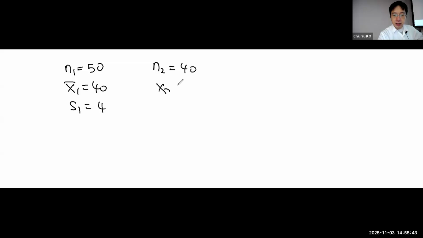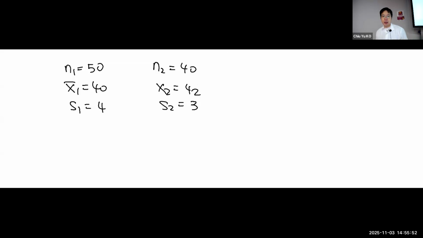We have sample population 1, where we collect data: N1 is 50, X1 is 40, S1 is 4, and the other sample is N2, which is 40, X2 is 42, and S2 is 3. So this is the question.